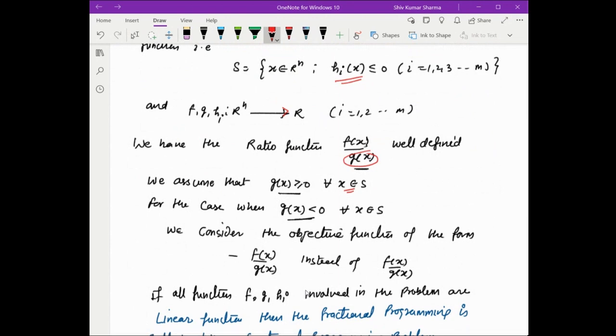If g(x) is less than 0, we multiply by -1. Just multiply the objective function by -1.